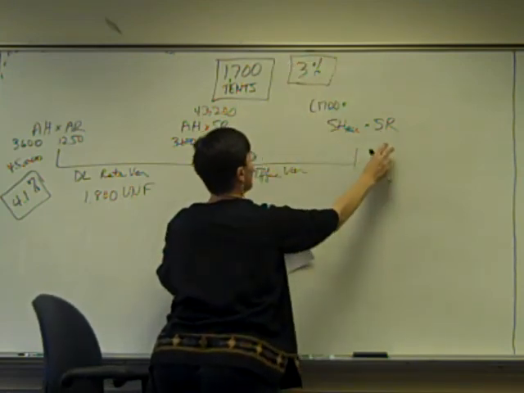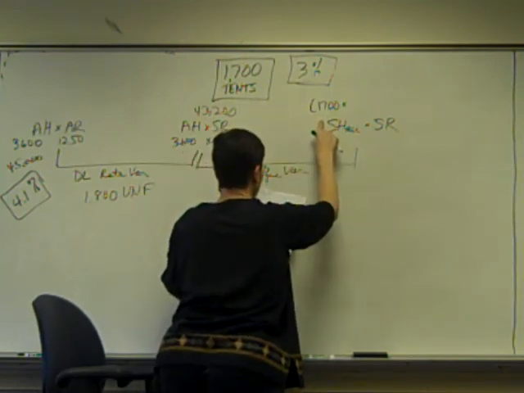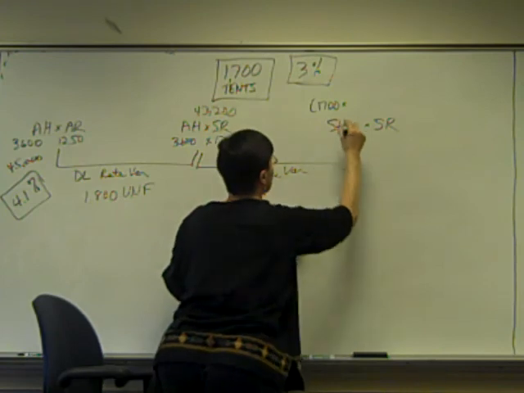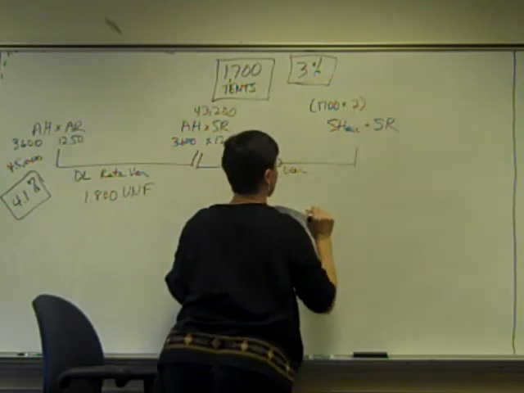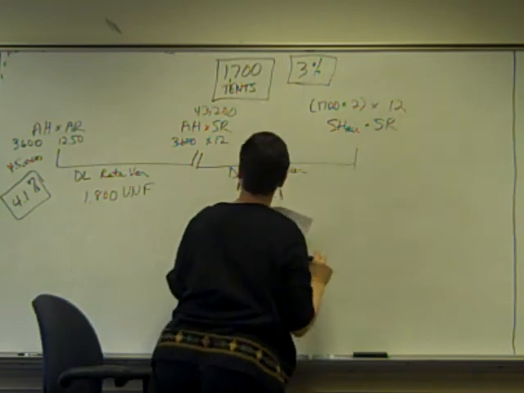Okay. So then the other anchor, for the 1,700 tenths we actually made, we were allowed to use 2 hours, and we were allowed to pay $12.